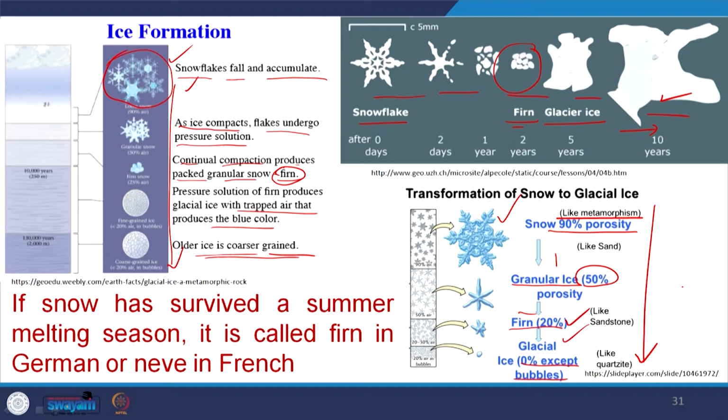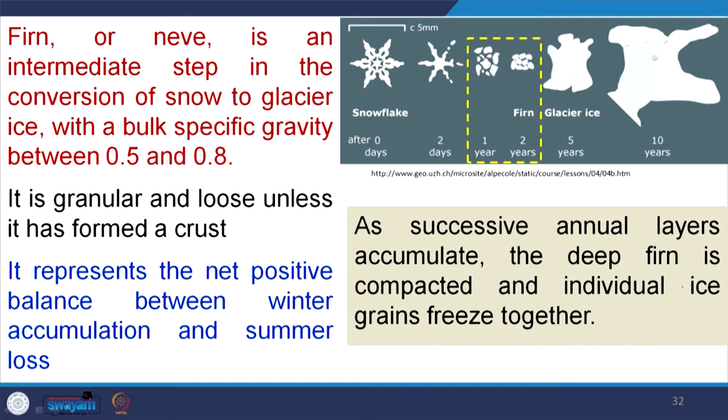If snowflakes or the snow has survived a summer melting season, it is called firn. In German or in French it is called Neve. Firn or Neve is an intermediate step in the conversion of snow to glacier ice with a bulk specific gravity between 0.5 to 0.8. So, we have snowflakes here, we have glacier ice here.